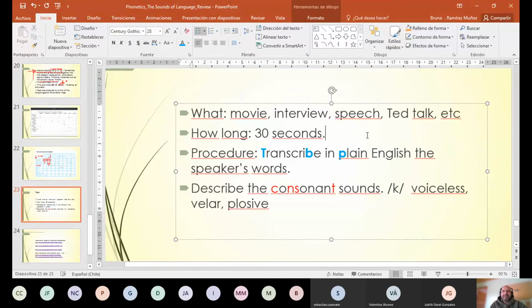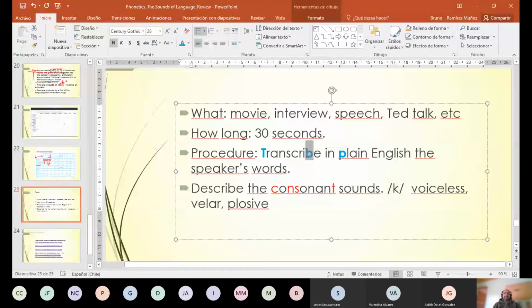And then we have to say, p is voiceless, bilabial, and plosive. I may ask Pia a question. For example, Pia, why are you saying that the final sound in transcribe, b, is voiced?